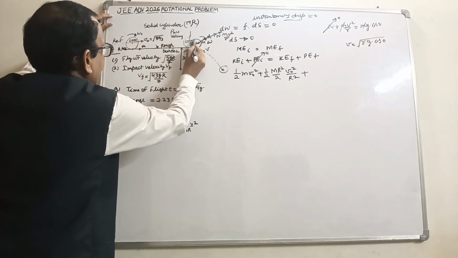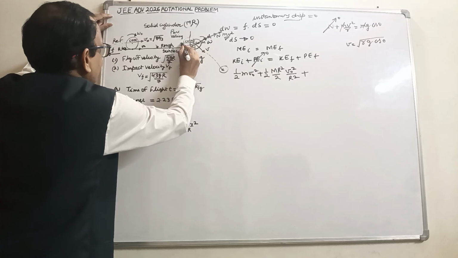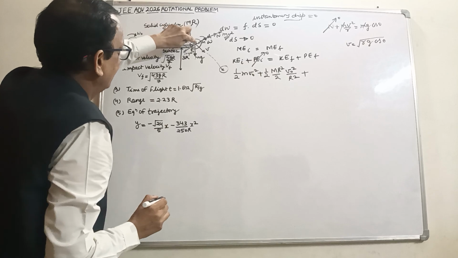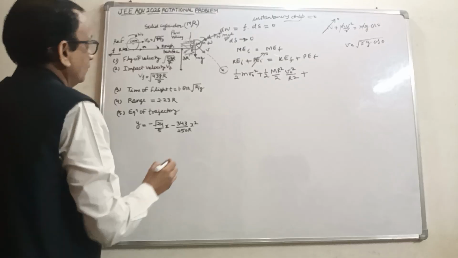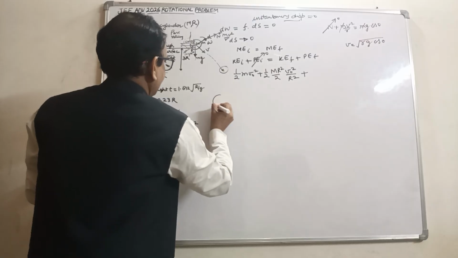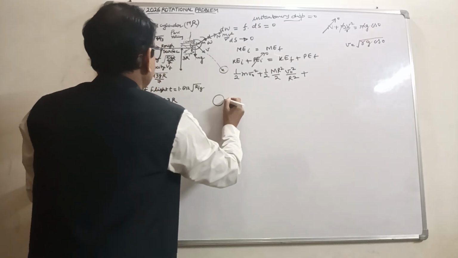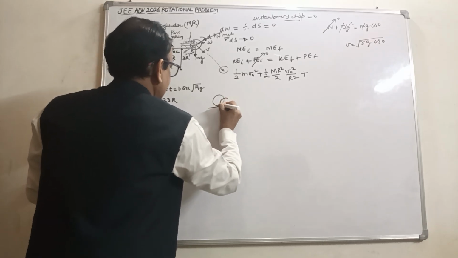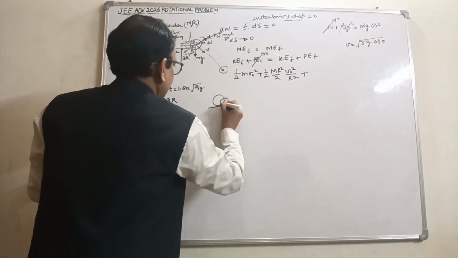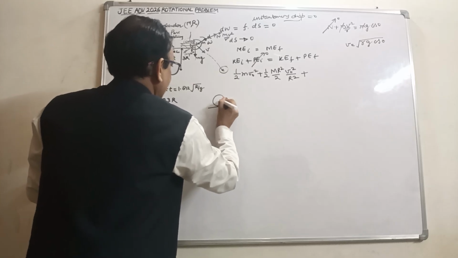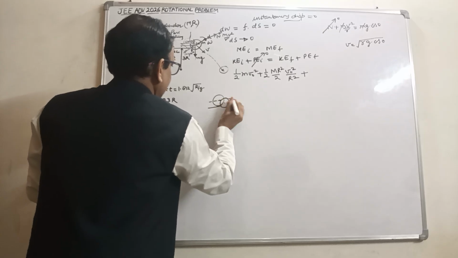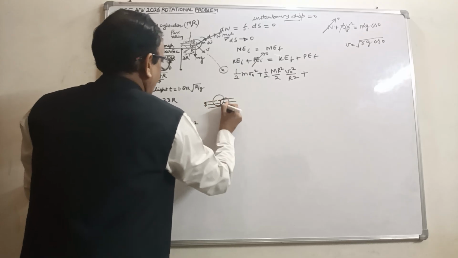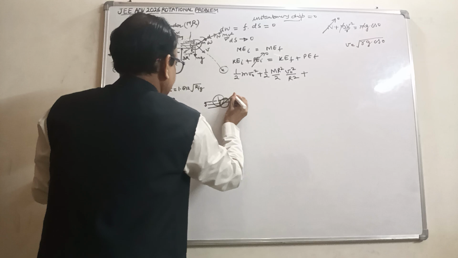The center of mass moves from here to here; this is the displacement. This is the initial position of the center of mass, and this is the hinge. So the center of mass shifted from here to here, this is the final center of mass position, and this angle is theta.